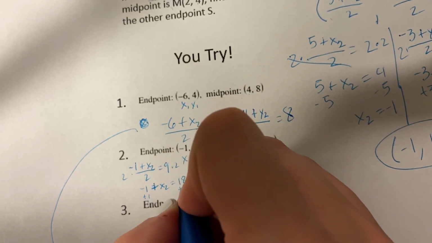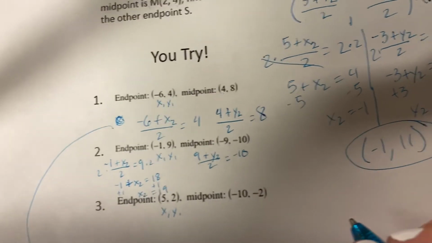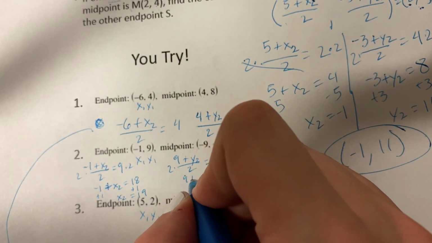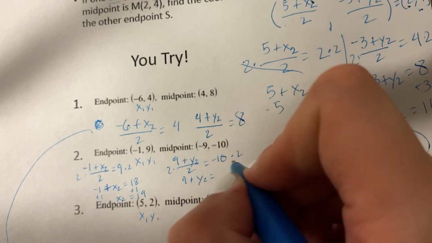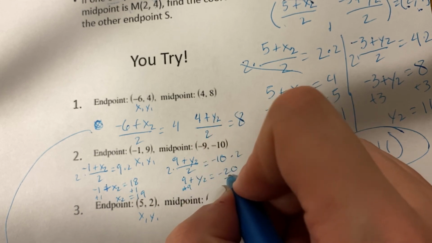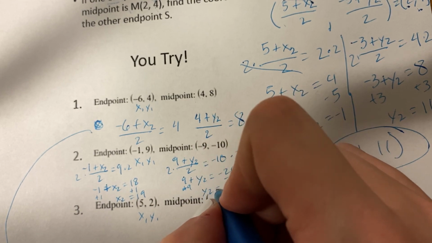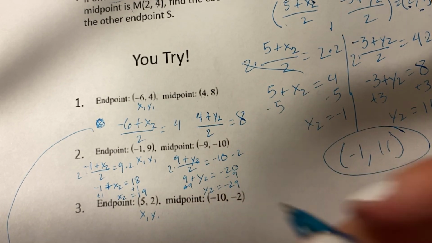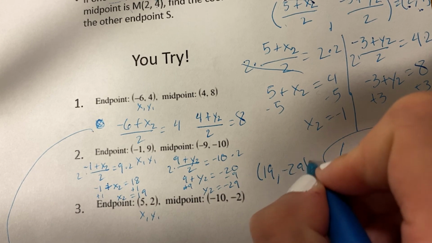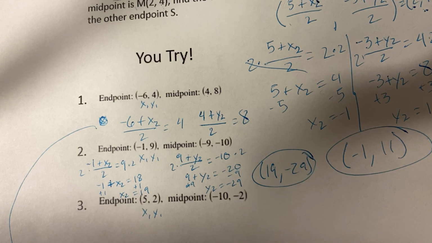Add 1: x sub 2 is equal to 19. We're going to do the same thing over here. Multiply by 2: 9 plus y sub 2 is equal to negative 20. Subtract 9, so y sub 2 is equal to negative 29. So my final answer would be 19, negative 29 for that problem.